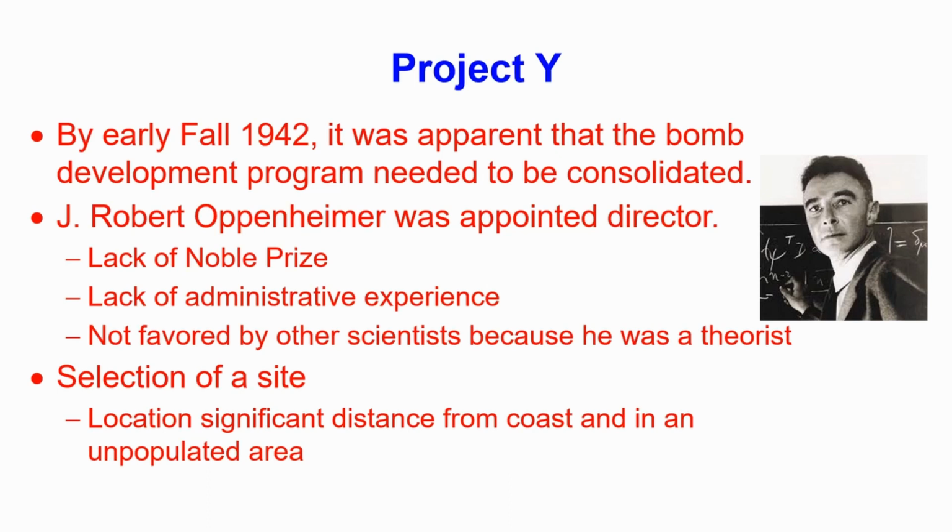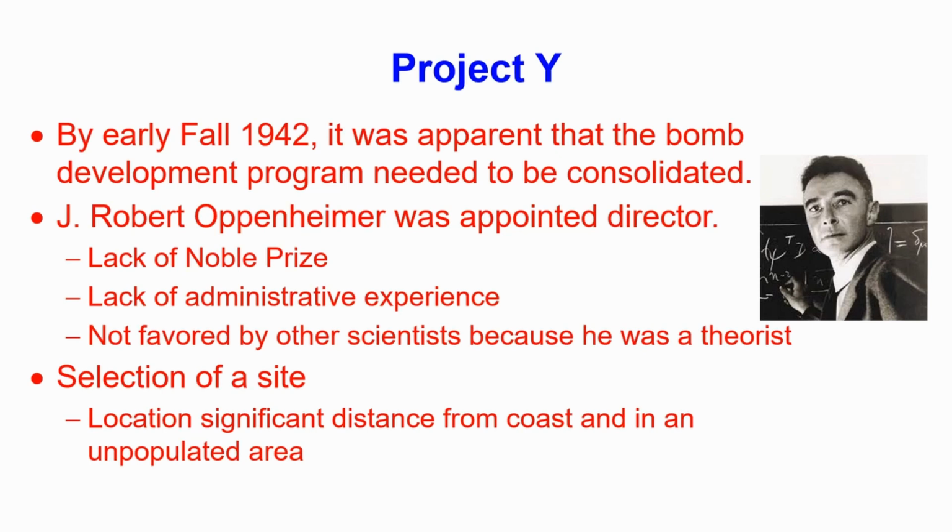But Groves said, you're it. Oh, I forgot to mention his association with the Communist Party of America. Although he was never shown to be a member, his wife had been, and a number of his friends, his brother, that all didn't sit well with certain people.